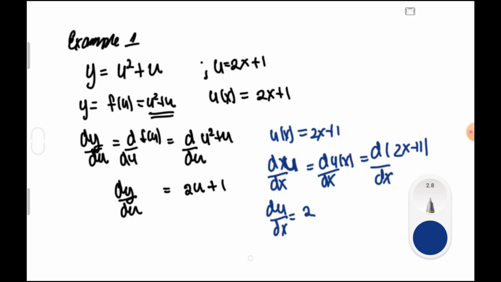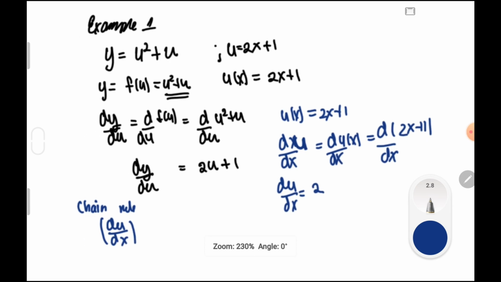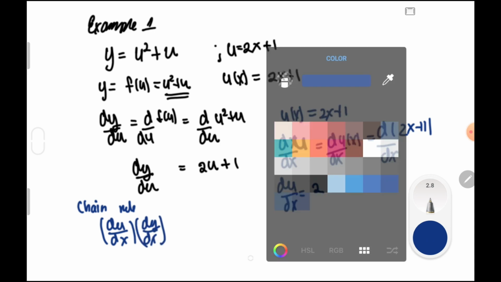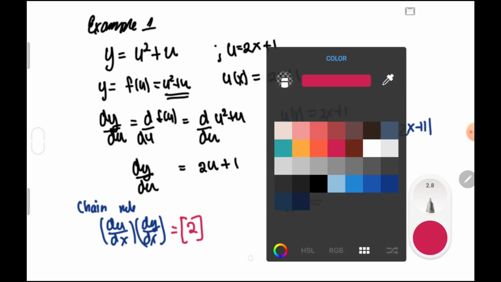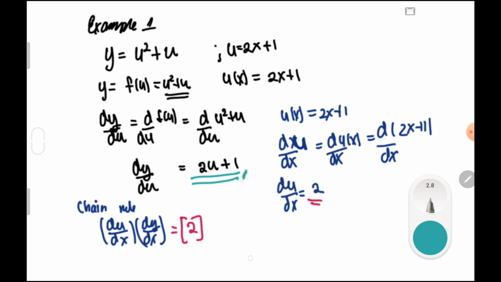So upon identifying that, let's use our chain rule in solving the problem. We'll have du over dx multiplied by our dy over du. Take note that our du over dx is equal to 2, multiplied by our dy over du, which is equal to 2u plus 1.